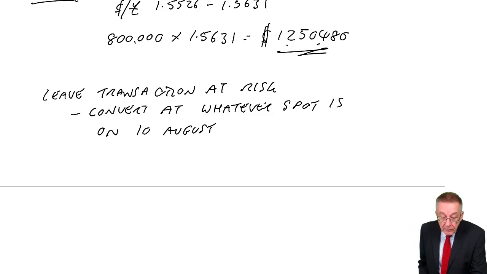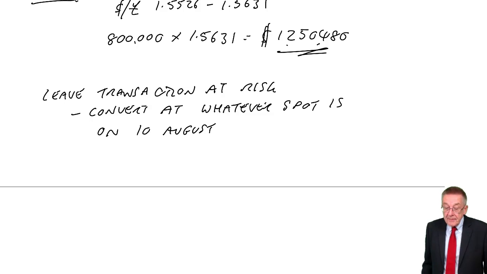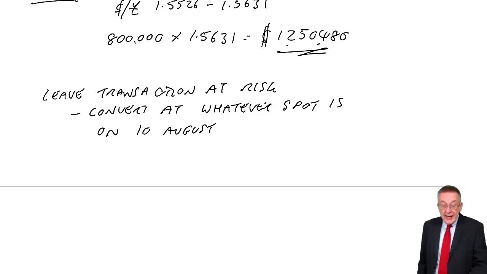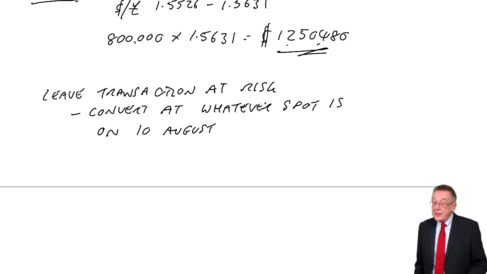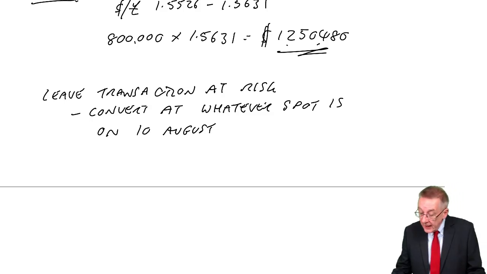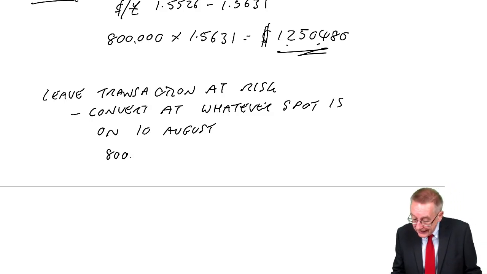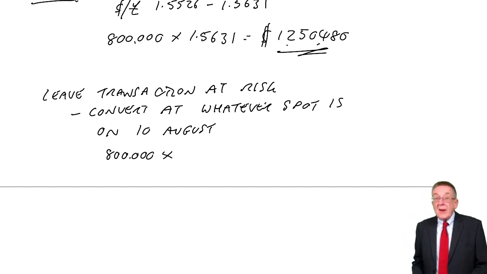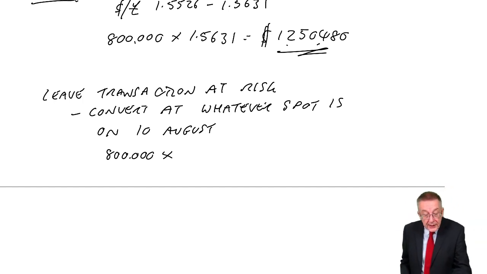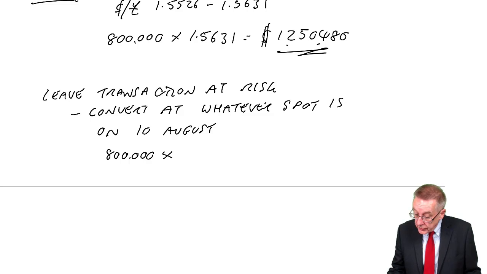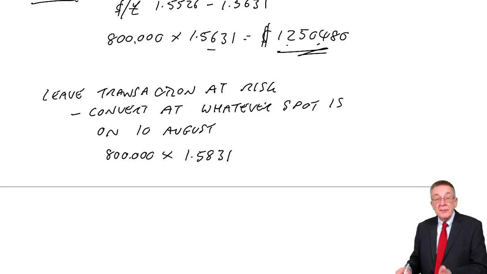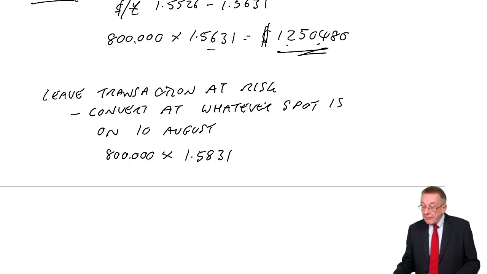To illustrate, it says, look at the last line, assume the spot rate increases by 0.02. Well, today it's 1.5631, the relevant rate. And so we'll convert. If it had changed by 0.02, it would change to 1.5831, 1.5631 plus 0.02.